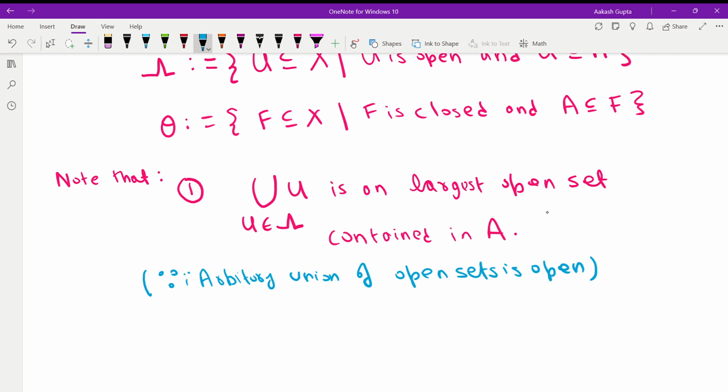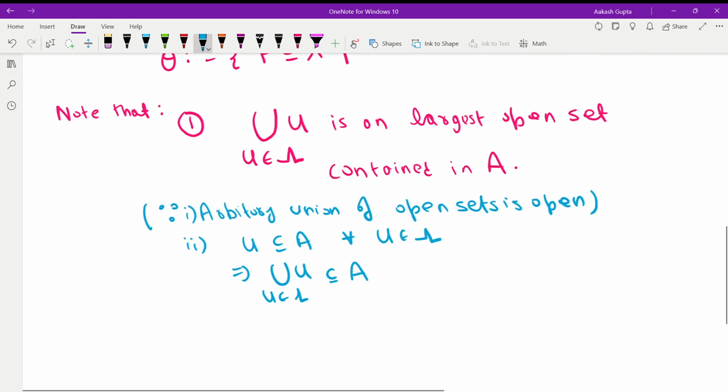And number two, clearly, U is sitting inside A for every U in capital lambda. So what it means is the union of all such U would be there, right?